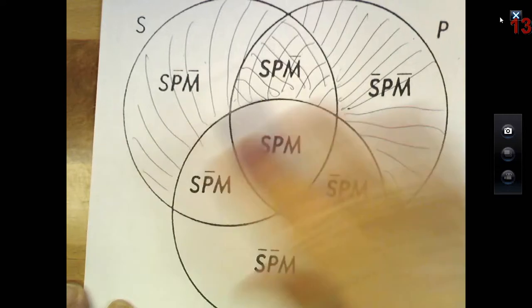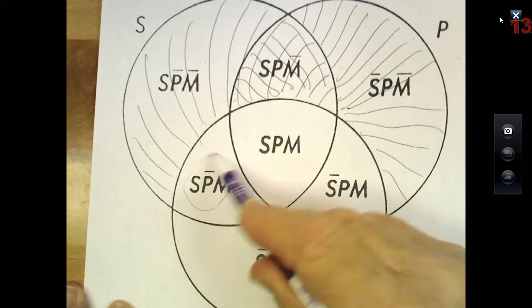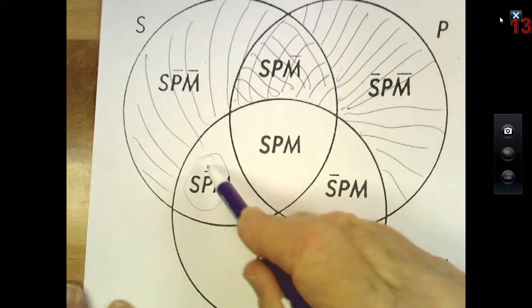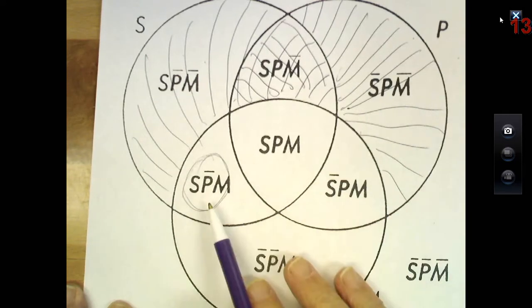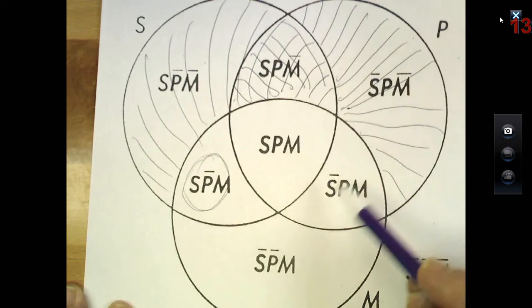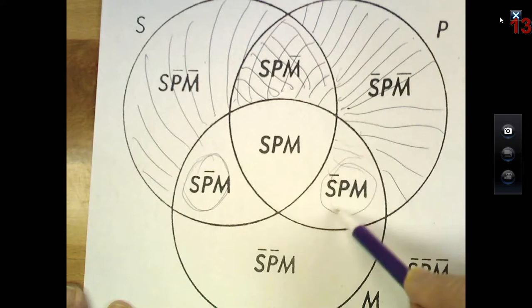So that's S P M with nothing over it. Right here, there's some that's not shaded in. If all women were men, you'd shade in all of this, but it's not shaded in.